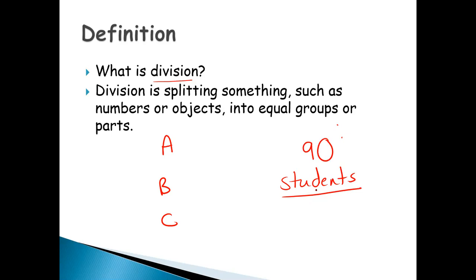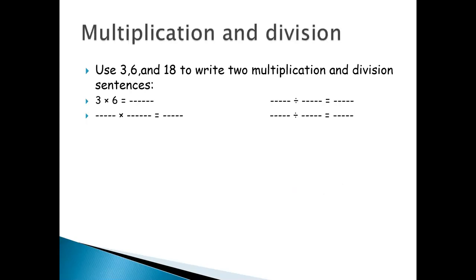We want to split 90 students, or distribute 90 students, in sections A, B, and C. So we have to use division in order to divide the students in sections. How many students will be in each section? Let's say 30, 30, 30 in each section. So we are splitting, distributing. So we have to use division.